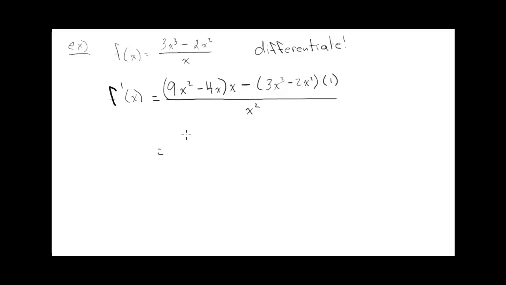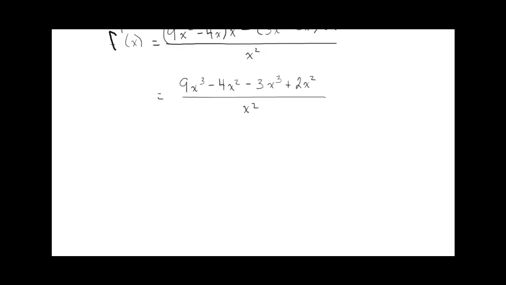We'll expand that numerator, so 9x cubed minus 4x squared minus 3x cubed plus 2x squared, all over x squared. Collecting like terms, what do we got? We got 6x cubed minus 2x squared, all over x squared.